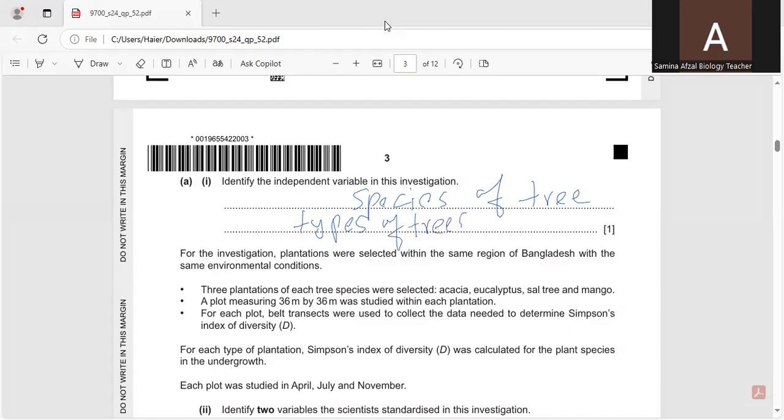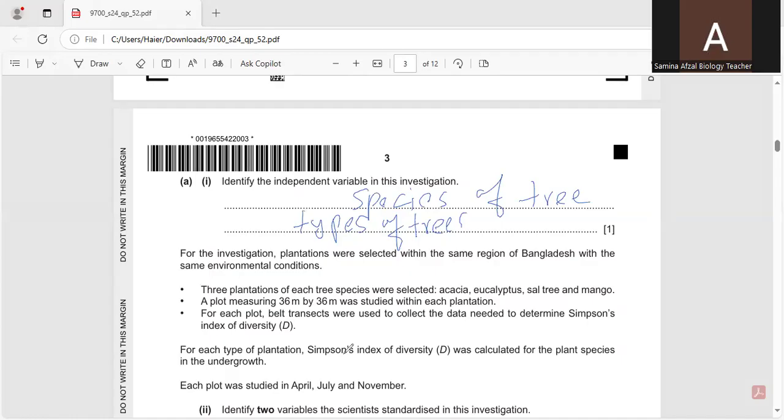So for the investigation, plantations were selected within the same region of Bangladesh with the same environmental conditions. Tree plantations of each tree species were selected: acacia, eucalyptus, sal tree and mango. A plot measuring 36 meters by 36 meters was studied within each plantation.